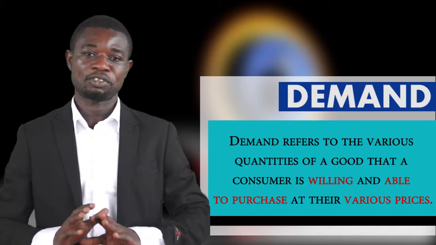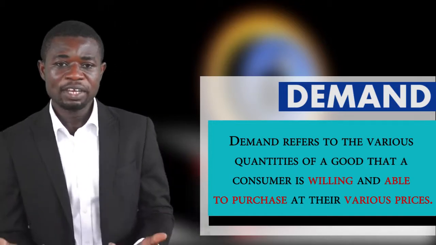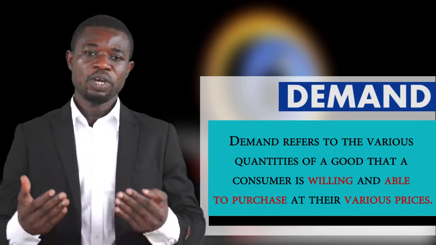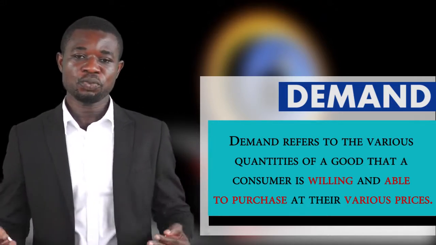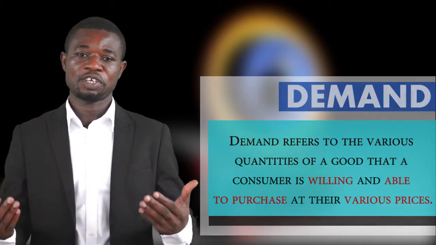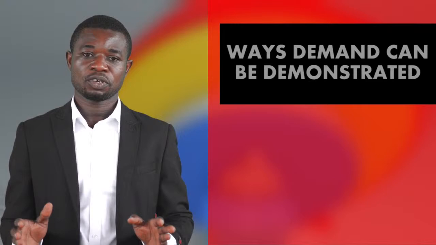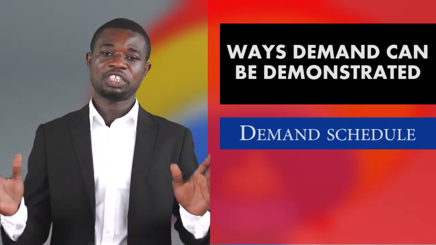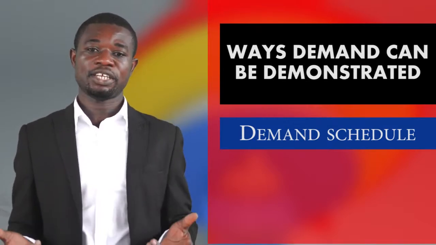We are only talking about demand. So now that you have the understanding about what demand is all about, we now move on to look at the various ways that we can use to demonstrate the concept of demand. And by that, we have three major ways that we use to demonstrate demand. We have the tabular form, which mostly we refer to as the demand schedule.